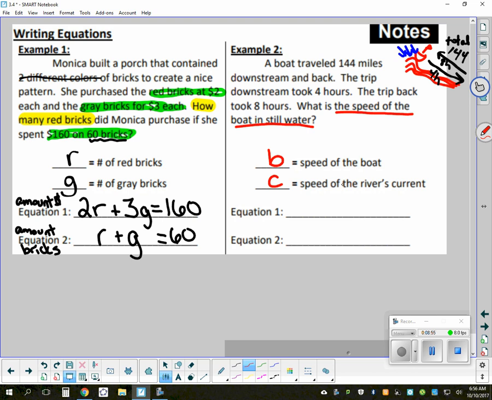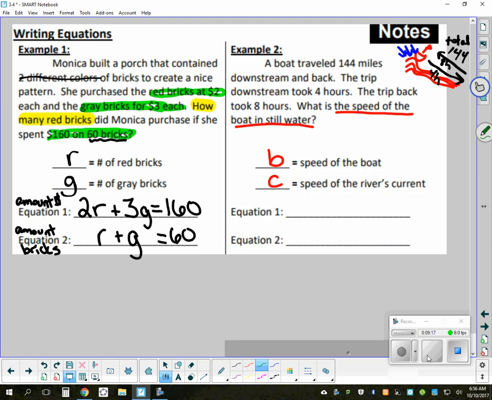So the first two things you need to do is figure out what you are looking for, 2 different things, give those variables, and write them down. And then we need to come up with our equations. They're telling us the boat traveled 144 miles downstream and back.